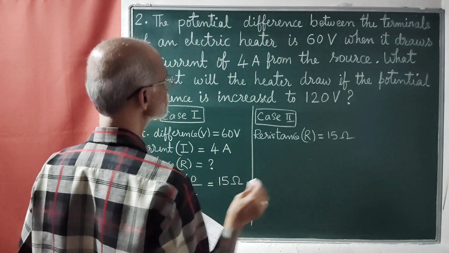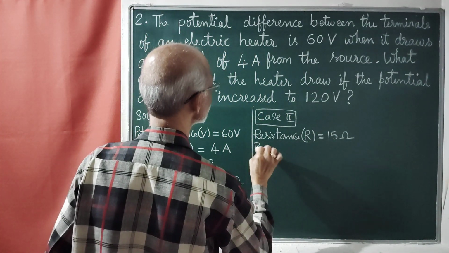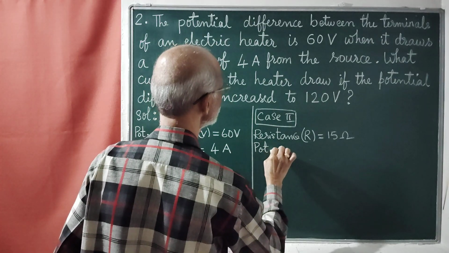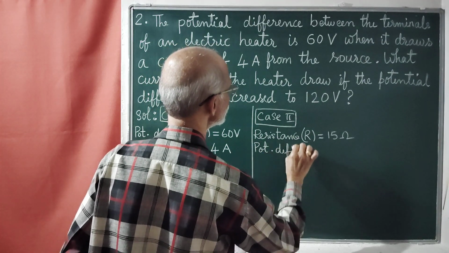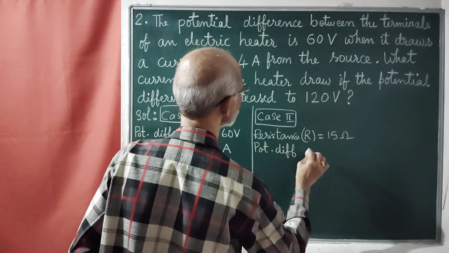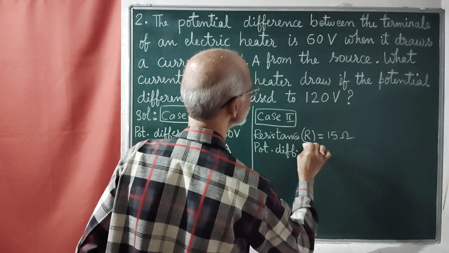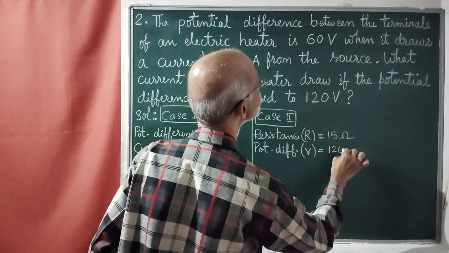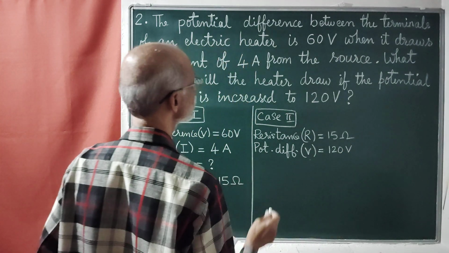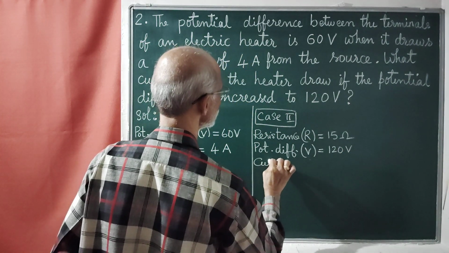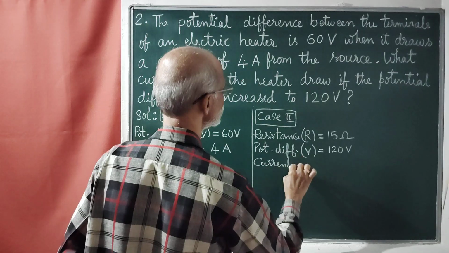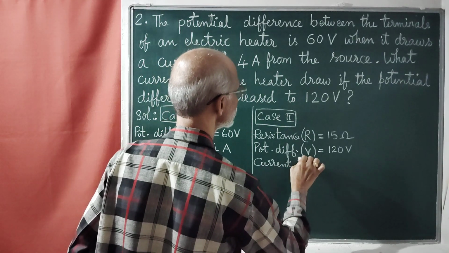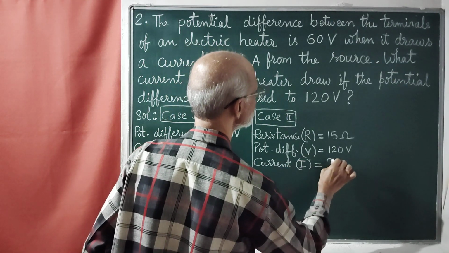Then the potential difference V is equal to 120 volts. Now we have to calculate the current I.